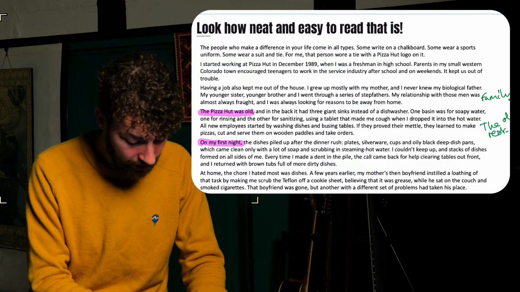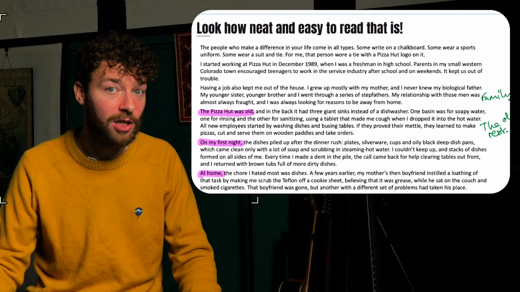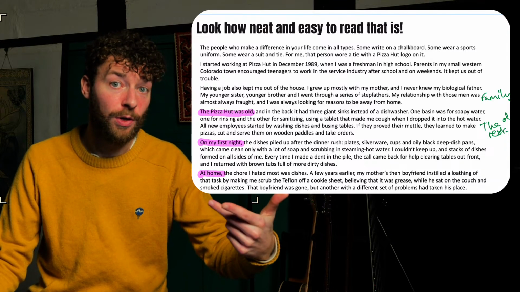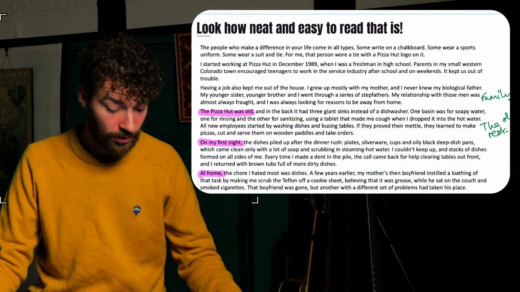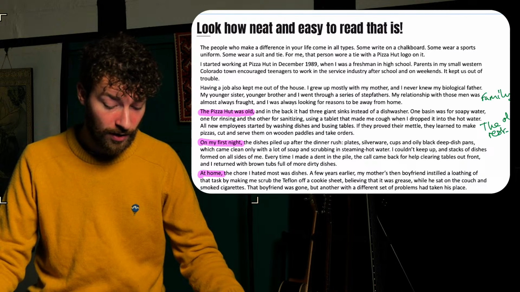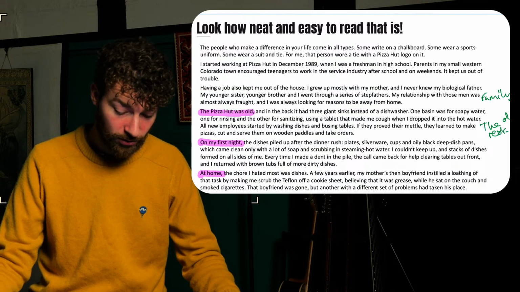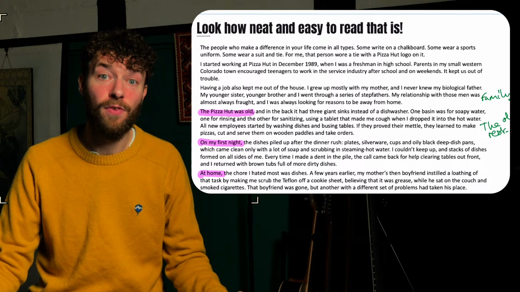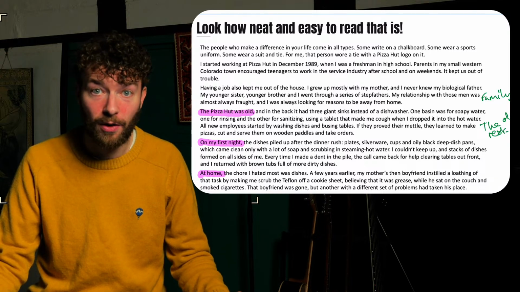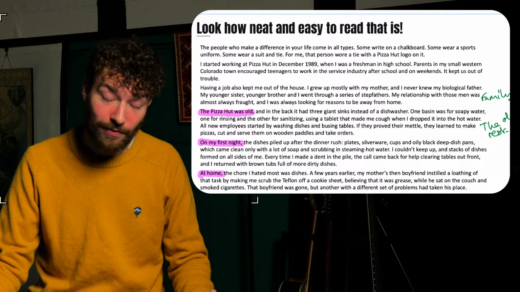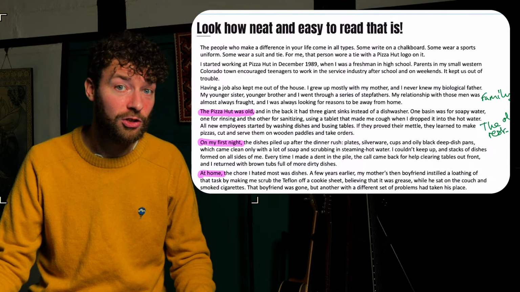Okay, and then again, at home. So we're jumping location, we're jumping place. So we jump from family to the old restaurant to the first night, a specific story about one night. And then finally we go back to at home. So we change place again.